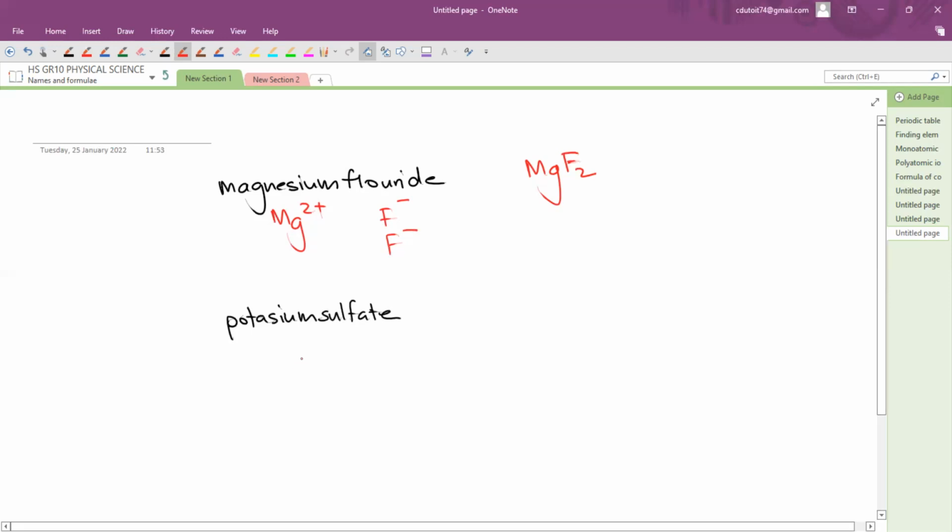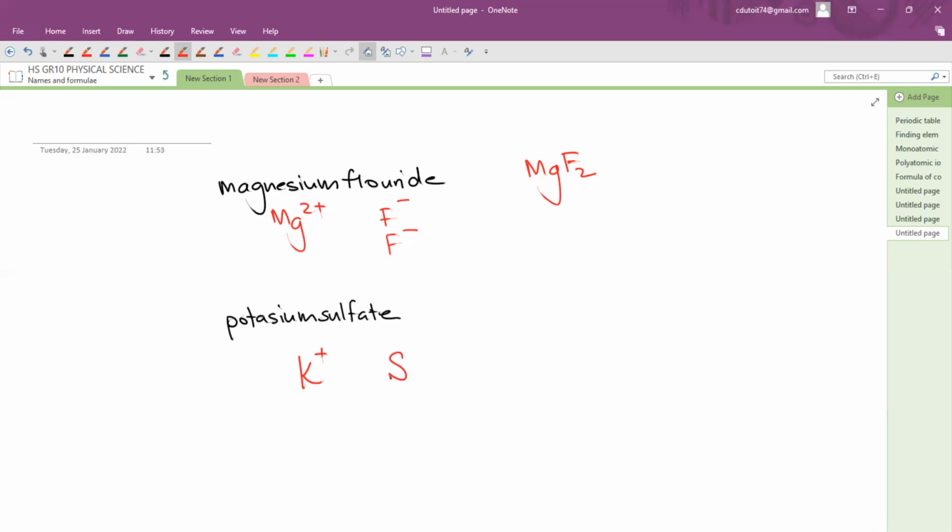Okay, well, the K will be in the first group, which will be 1 plus. Yes. But your sulfate, how would the sulfate look on the periodic table? Sulfate, which is the S. Yeah, it's sulfur.